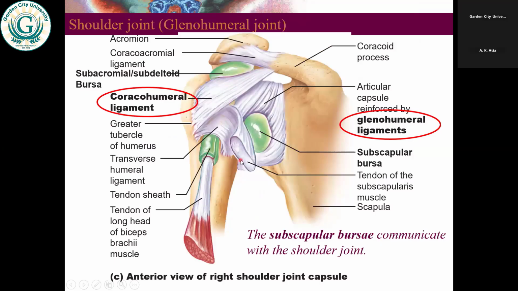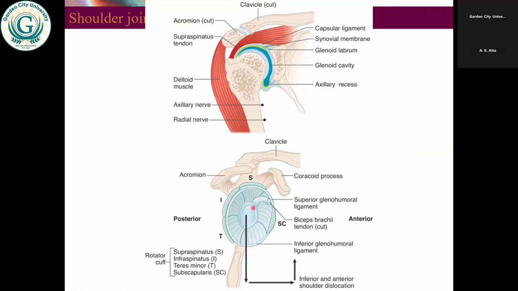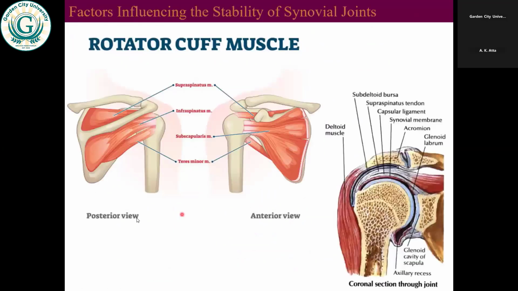Then you can also look at the muscles, the so-called rotator cuff muscles: supraspinatus, infraspinatus, teres minor, subscapularis. So these offer protection and stability to the joint, along with the ligaments.